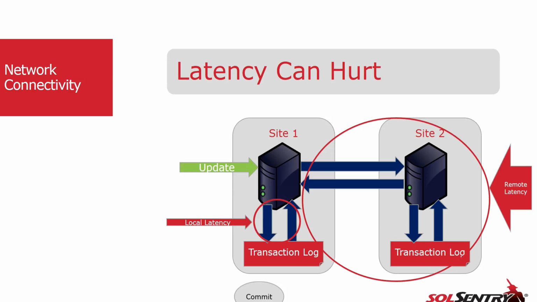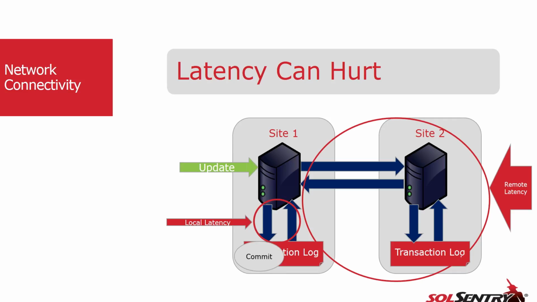It's my local latency. My remote latency is effectively an extension of that. If I've got a slow transaction log on my primary site, it's the same sort of thing if I've got a slow transaction log and a slow send and high latency between my primary and my secondary. It can have an impact. That impact will depend on whether it's synchronous or asynchronous. Okay.